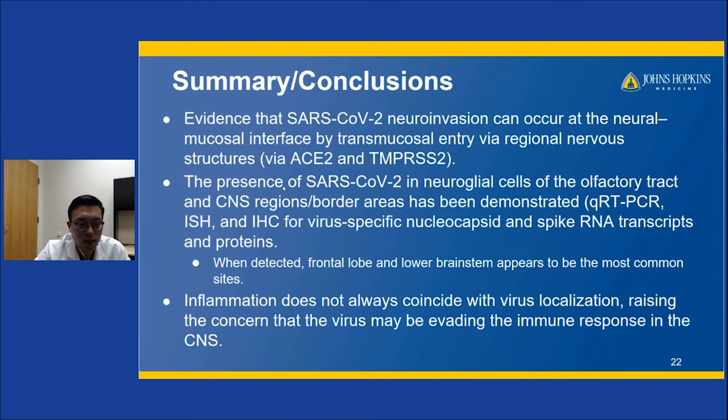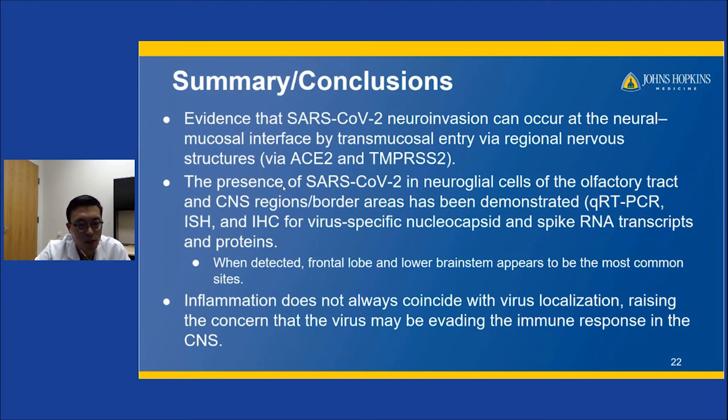So different methodology really detected virus in the brain. When detected, though, frontal lobe and lower brainstem appear to be the most common locations, and that goes along with probably the theory that this can be transcribrial entry and/or bloodstream entry for these patients with COVID-19 CNS infection.